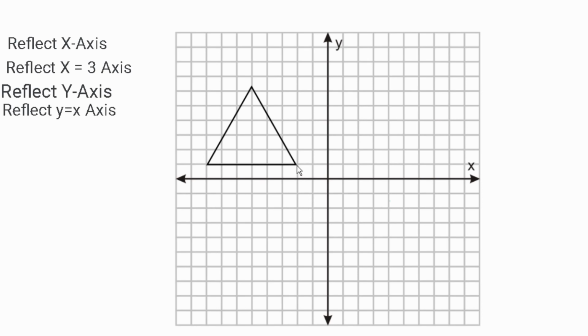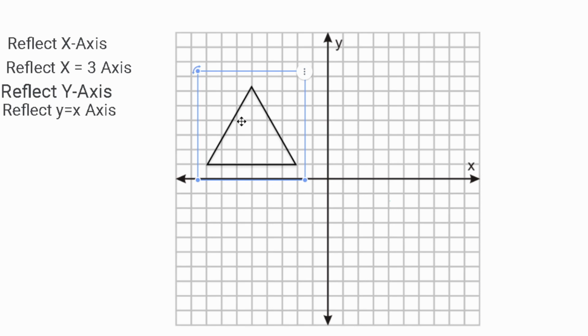So we have a triangle here, and we can count the points, and this first coordinate is at -2, 1, because it's 2 to the left and 1 up. The x is always first in the ordered pair, and this one is going to be the same height, but when you reflect over some axis, you're going to change the values, and if it's over the x-axis, you're going to do the exact opposite.